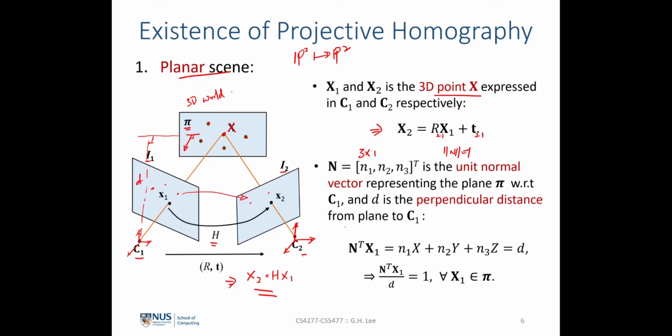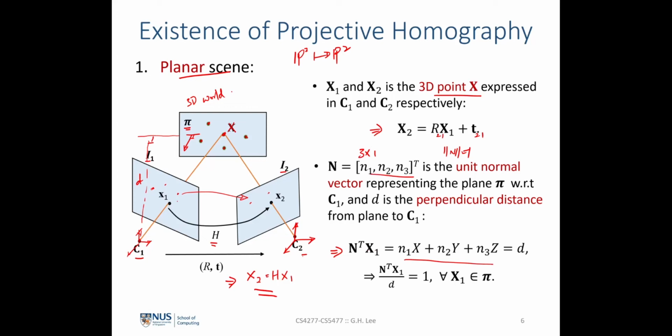as d, and hence the equation of the plane can be rewritten into this form here, into the Cartesian form, which we have seen in our lecture 2 when we talk about the 3D projective coordinate and the rigid transformation of a plane. And here, n transpose x1 can be rewritten into this format here, which is the normal vector dot product with the x1.